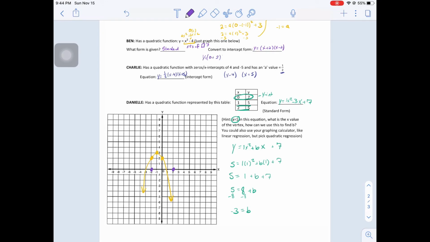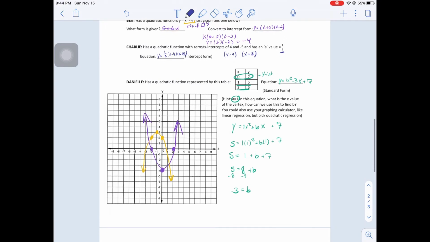So we're going to say y is equal to (0 plus 2)(0 minus 2). So that's y is equal to 2 times -2, so that's -4. So we go (0, -4), boom. Graph that. Sorry, that side was not as nice.